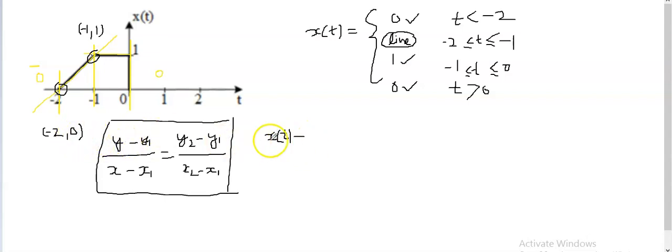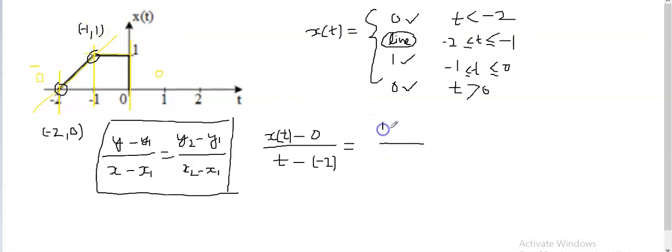So y तो है x(t), when t is minus 2, its value is 0, so we can write it like this. And x की जगह क्या लिखना पड़ेगा? t, क्योंकि यहाँ पे t है और यहाँ पर x(t). So t minus 2, which will be t plus 2, will be equal to ये वाला point ले लेंगे अब.